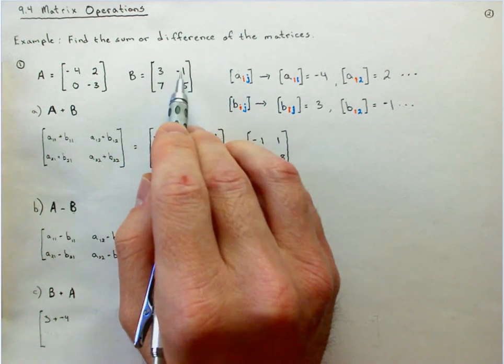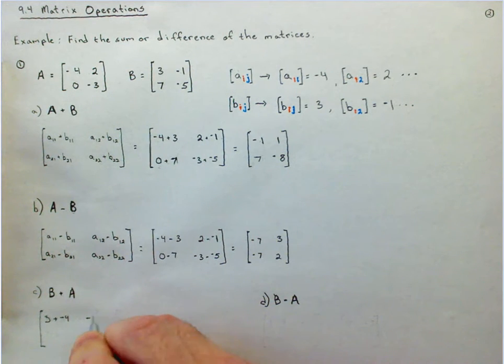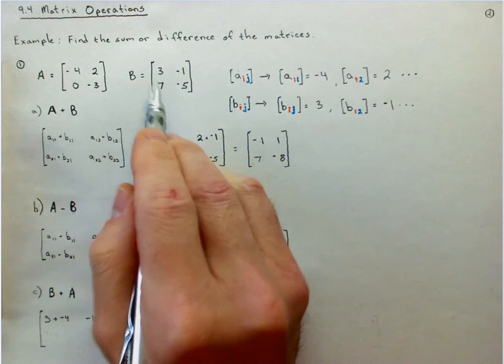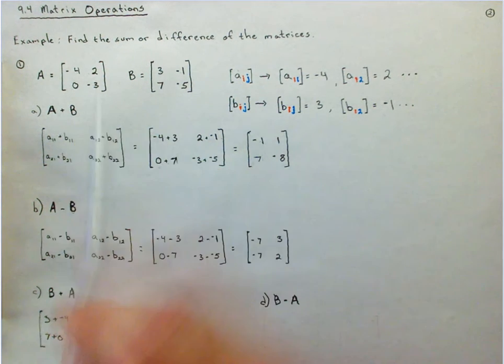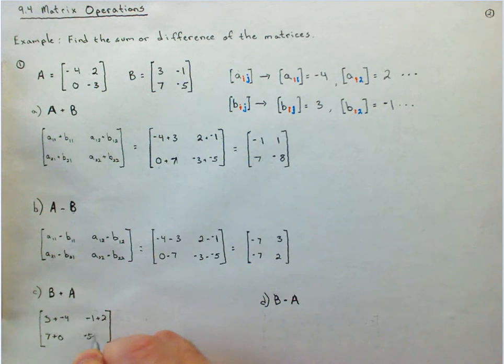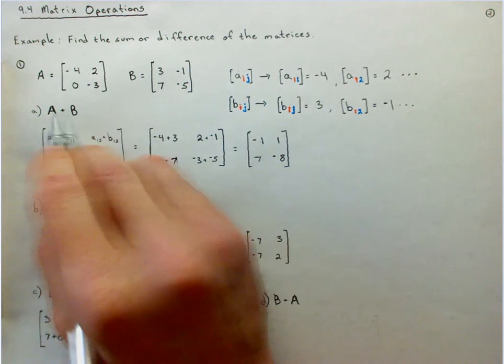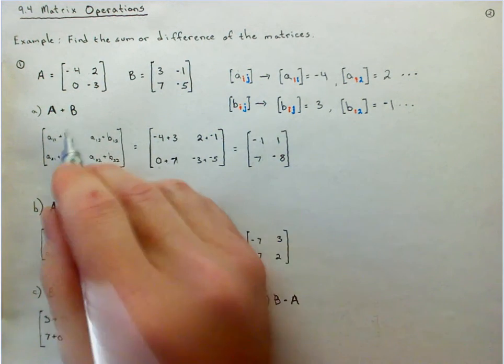Then a negative 1 plus 2, and then 7 plus 0, and then a negative 5 plus a negative 3. That gives me my new matrix: negative 1, 1, 7, negative 8. My answer should be the same as A plus B because addition is commutative.